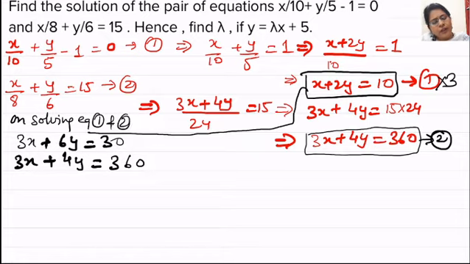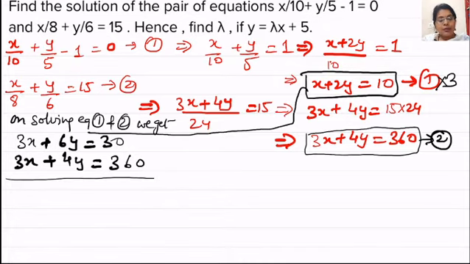We need not write on adding or on subtracting, simply one word, on solving. But we have to see whether we have to subtract or add. Now here we have to subtract. So we'll change the sign, because our main motto is to eliminate one variable with its coefficient. So we are eliminating this x part, simply cutting it.